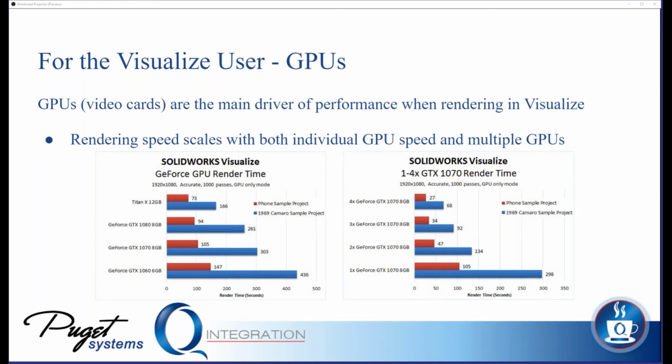You can see that there on those charts, going all the way from a fairly high-end Titan video card down to a mid-range GeForce on the left. And it's slower the further down you go on the video card line, but also going from 4 to 3 to 2 to 1 video cards. On the right-hand side, again, you can see it scales almost linearly with the number of cards. So that's good news because it means you can stack a lot of mid-range cards if you want to keep the price down a little bit, or you can stack several high-end cards if you're looking to just max out speed.